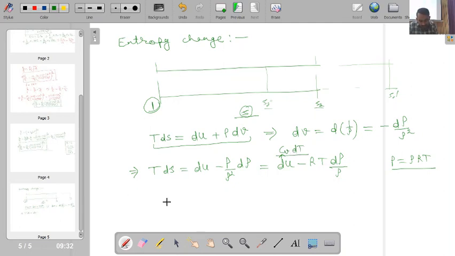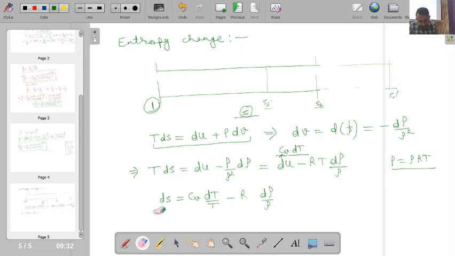So let me now divide throughout by T. If I do so, I will get ds equal to Cv dT by T minus R d rho by rho. Fine. Sorry, T will cancel out because I am dividing throughout by T.